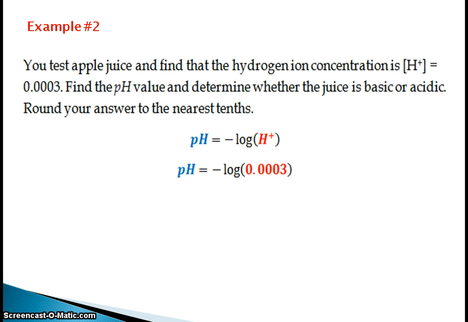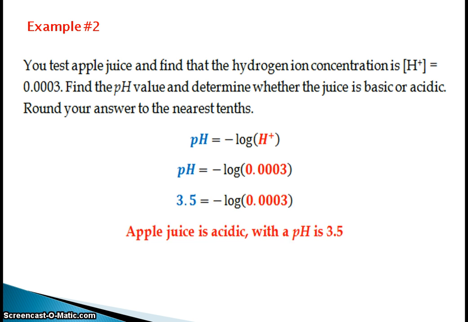Then we're going to substitute in what we've been given, the H plus value of 0.0003. And we're going to solve for the pH level, which is 3.5. So apple juice is acidic. Its pH level is 3.5. Pause now and copy down this example.